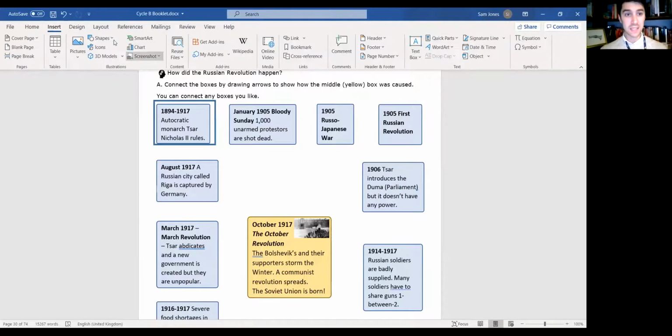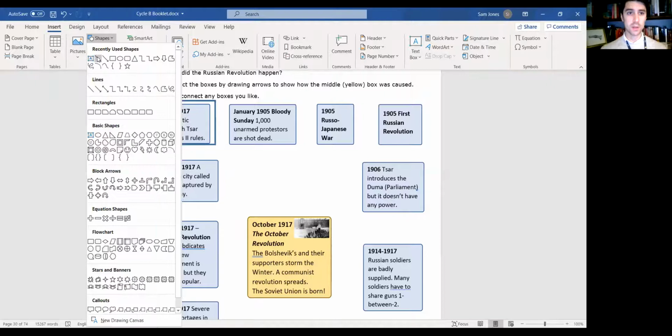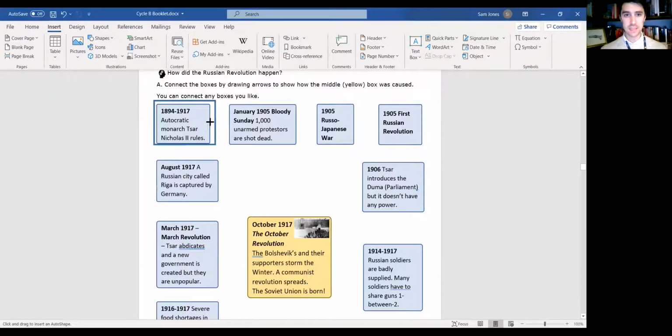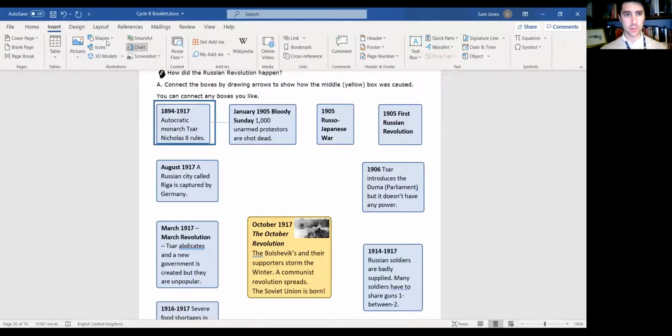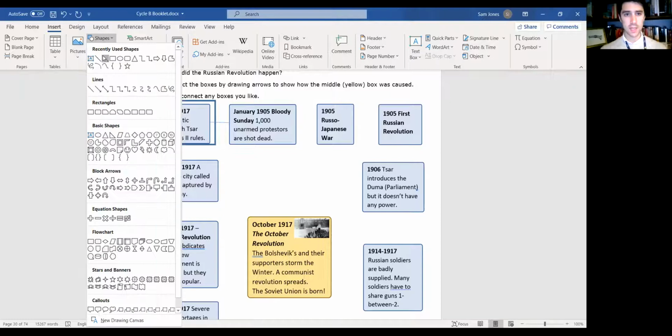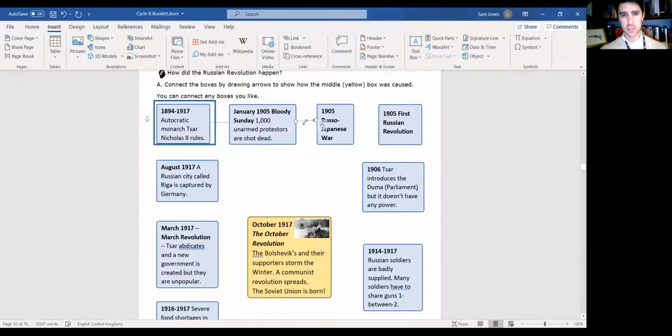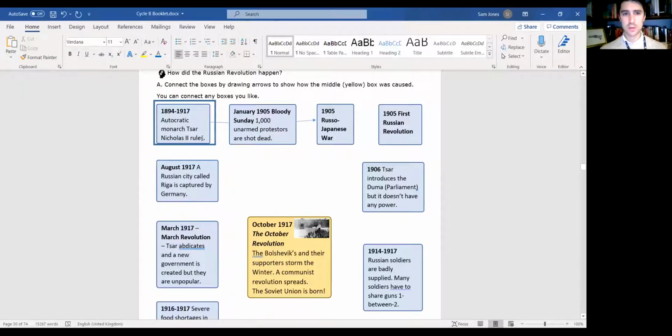Clearly, you can make connections from one to the other because these all go in chronological order. So you might do one there. You might do another one here, because with autocratic rule, people get really angry in Russia, which leads to January 1905, Bloody Sunday, when unarmed protesters are shot dead.